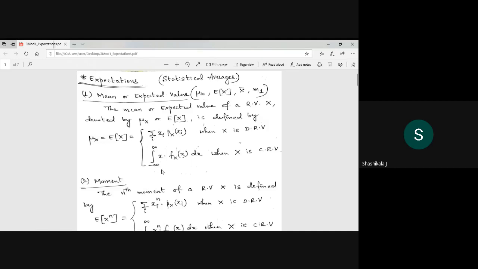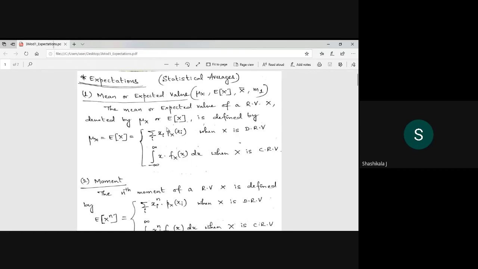If you are able to recall this expression, please remember this. For a continuous random variable, x into f of x, and for discrete it is xi into p of xi.